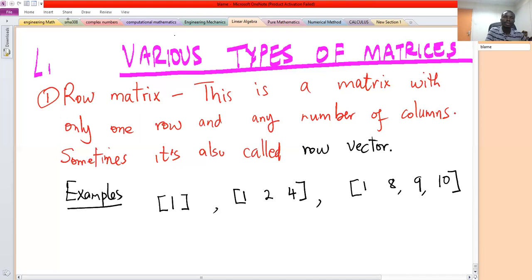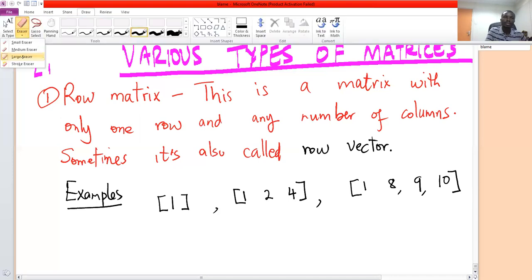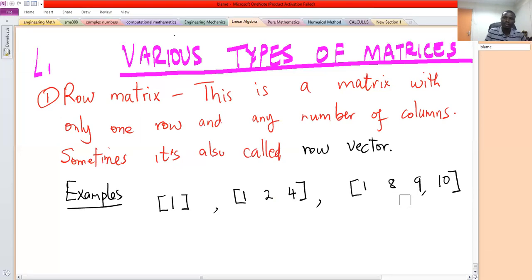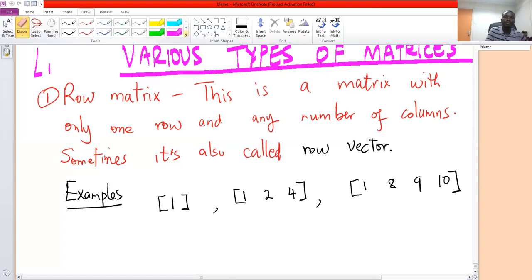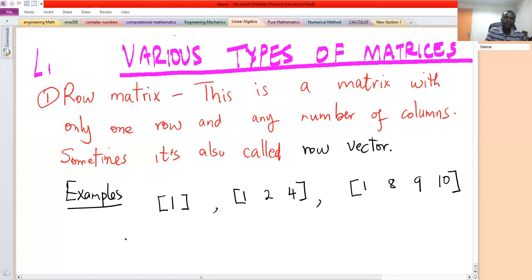You can actually separate elements just by spaces, not necessarily putting commas. We can have 1, 3, 9, -7, 8, etc. So these are examples of row matrices.